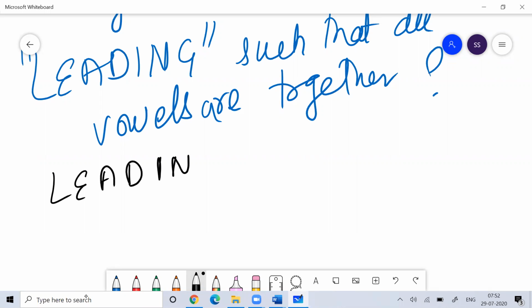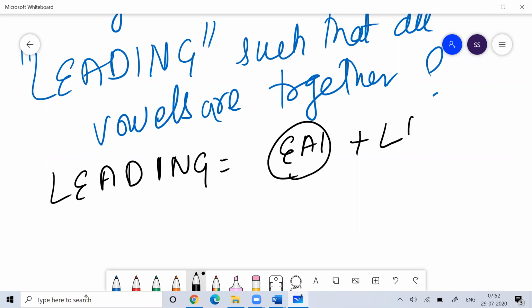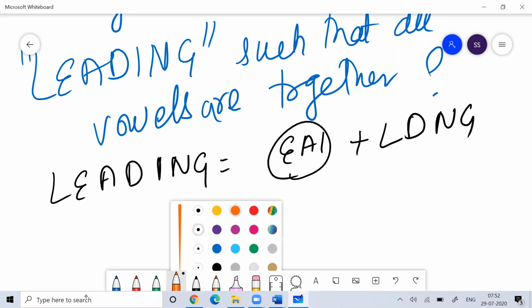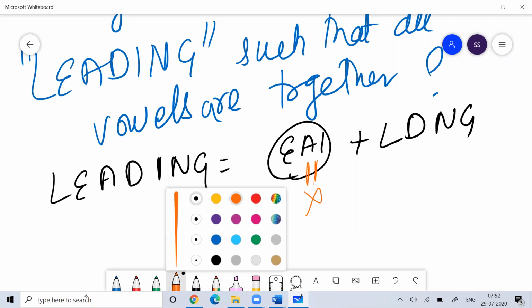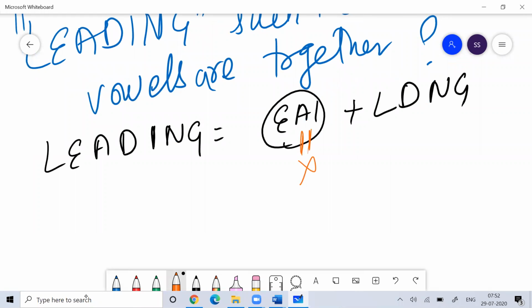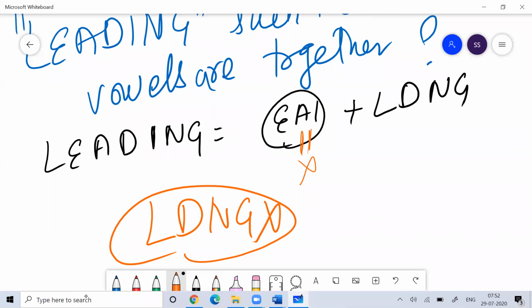Three vowels are there: E, A, I. And the remaining consonants are L, D, and G. Think of these three vowels as making a letter called X. So suppose these three vowels are together and they made a letter called X. Now leading has become L, D, G, X. So there's only going to be 5, so 5 factorial, while X is a 3-letter word, and how many ways can you arrange it?